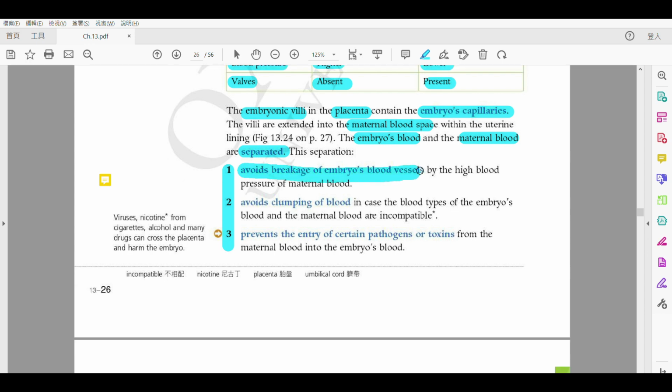of the embryo's blood vessels. You can imagine that in adults, the blood pressure inside is very strong.